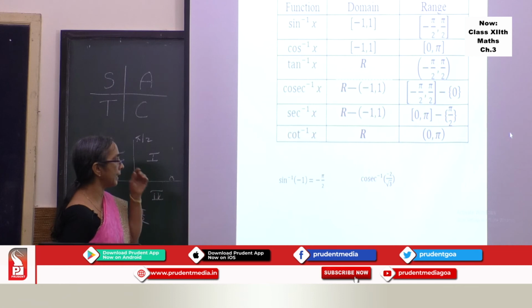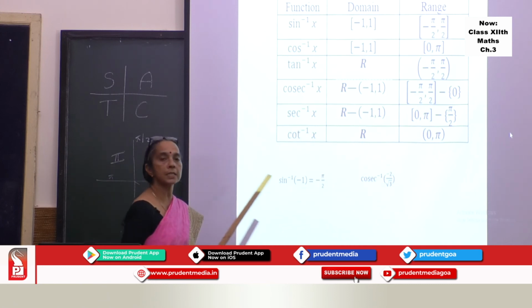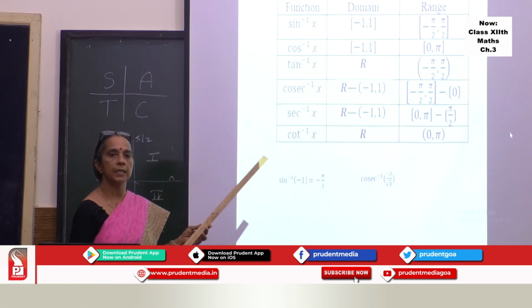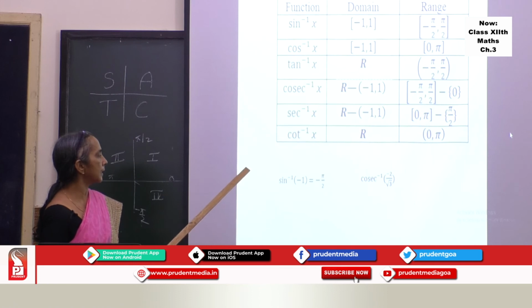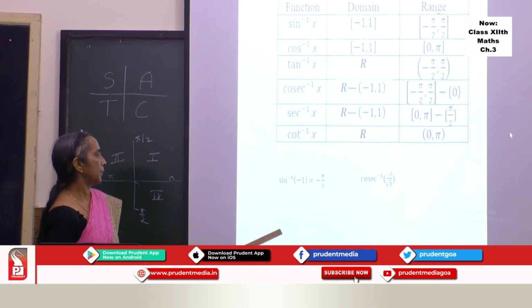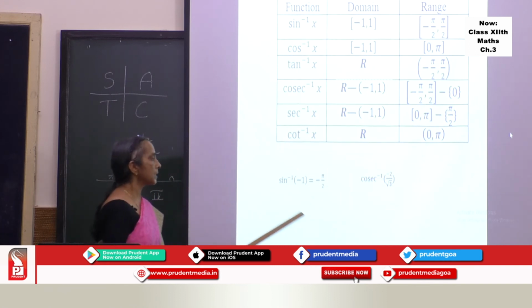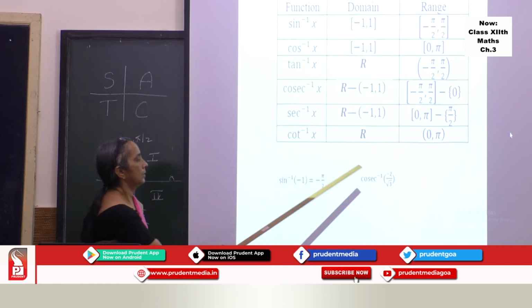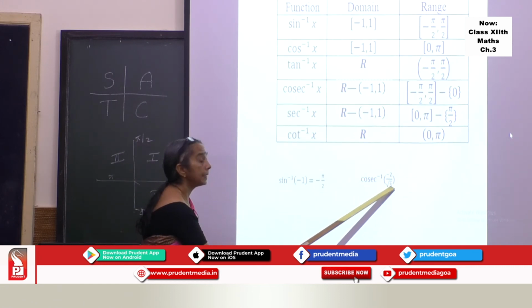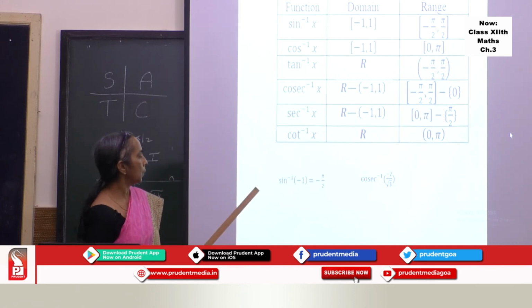Cosec inverse of minus 2 by root 3. Cosec of which angle is 2 by root 3? That is what I am asking. Cosec of pi by 3, 60 degrees, is 2 by root 3.